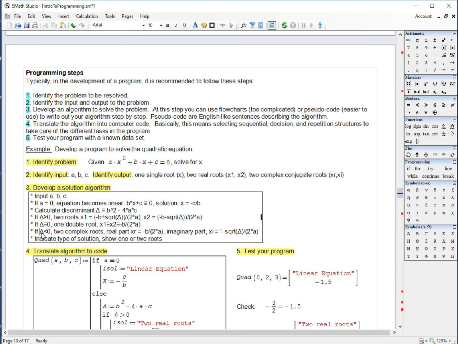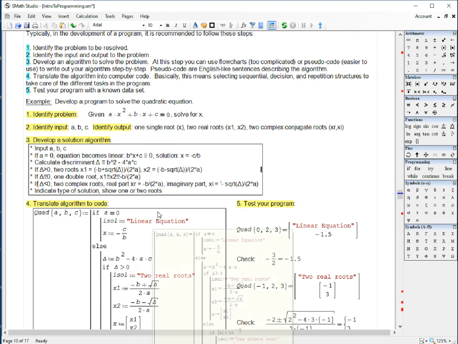If, on the other hand, delta is negative, then we have 2 complex conjugate roots whose real part is minus b over 2a, and imaginary part is the square root of minus delta over 2a. And we're going to provide as output the type of solution that we found, whether it's a linear equation, 2 real roots, 1 double real root, or complex roots.